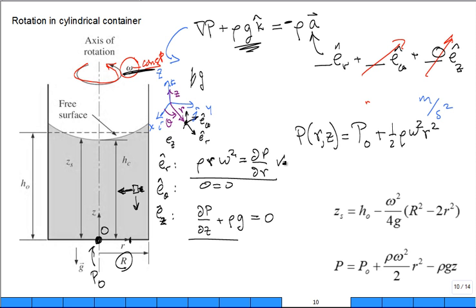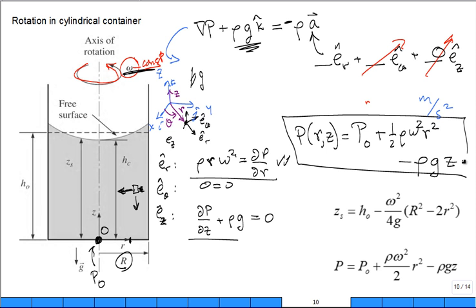Solve this equation and you'll pick up r squared with the 1/2, right? Plus, I ran out of room, minus, sorry, because our z is increasing, minus rho g z, there it is. You can do some manipulation and you can get another equation and another equation. I encourage you to look at those equations. I do have 5 minutes left in this class, okay?